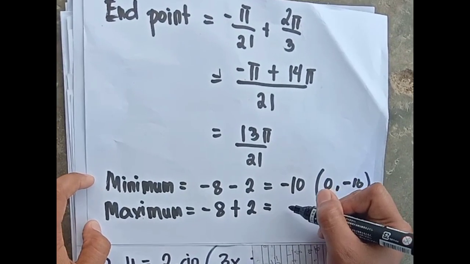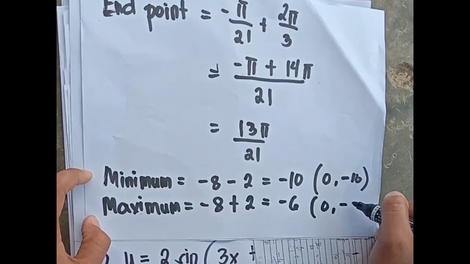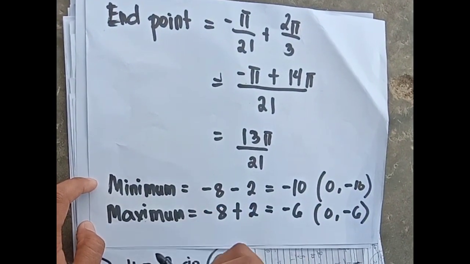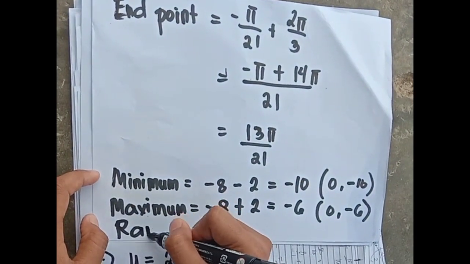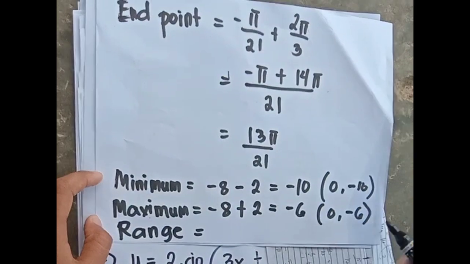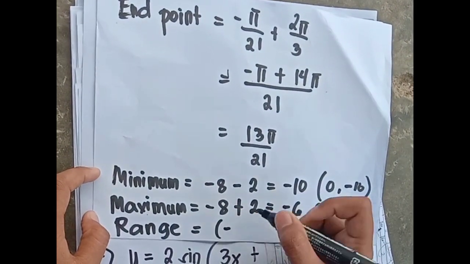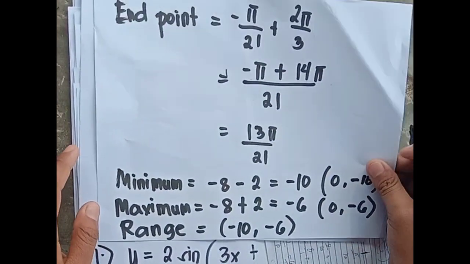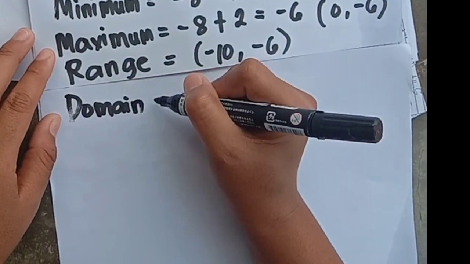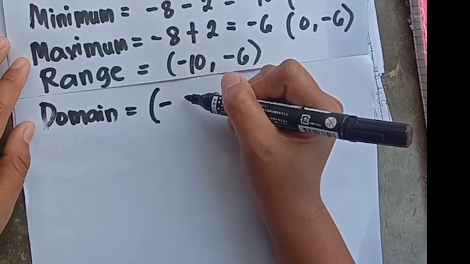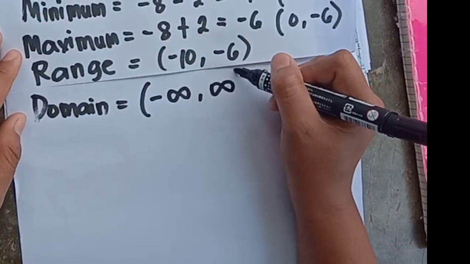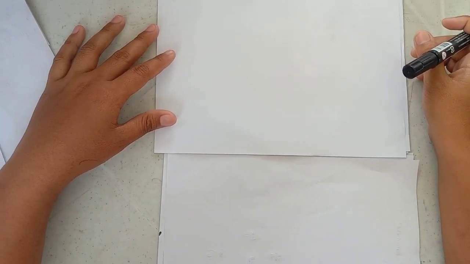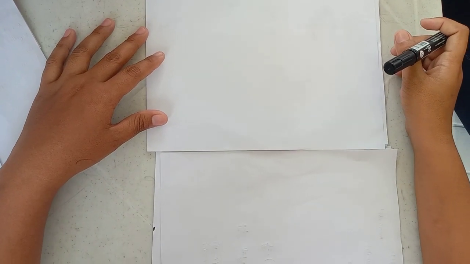The answer is negative 6. And the range is negative 10 to negative 6. And the domain is negative infinity to positive infinity. After getting the amplitude, vertical shift, phase shift, and endpoint, now we can proceed to graphing.